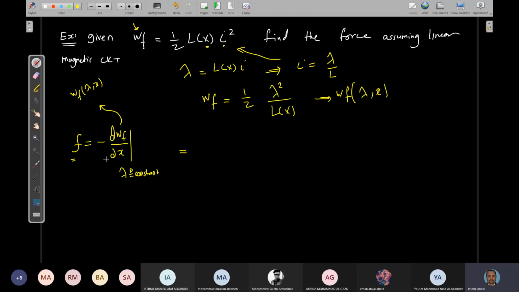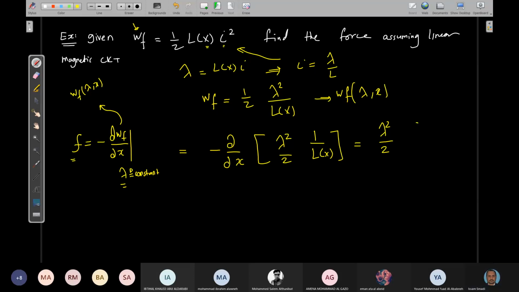If I differentiate, the force equals minus partial by partial x, where lambda squared over 2 is constant, since I'm assuming lambda is constant, and I need to differentiate 1 over L(x). This will equal lambda squared over 2 times partial L over partial x over L(x) squared, and the minus cancels the minus.